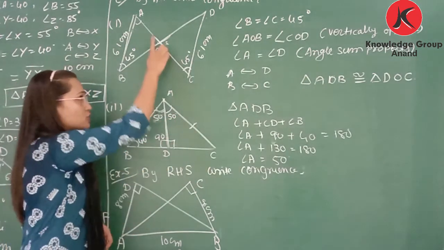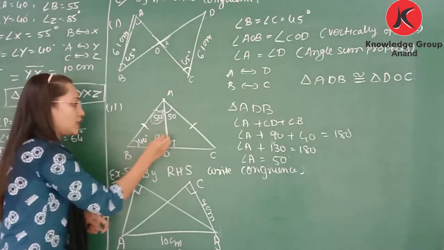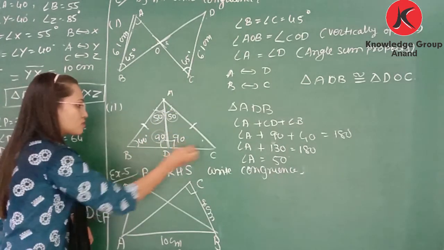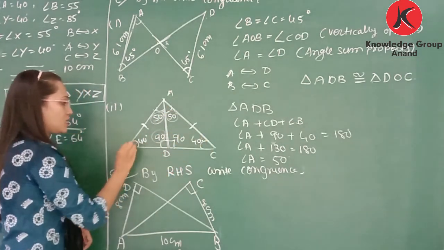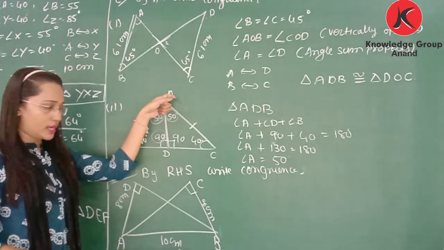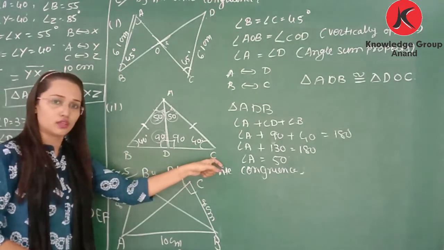Now, as we learned previously, if two angles are equal, here it is 50, here it is 90, here 50, here 90, so the third angle is also equal. Angle C is equal to angle B. It means A corresponds to A, D corresponds to D, and B corresponds to C. Why?